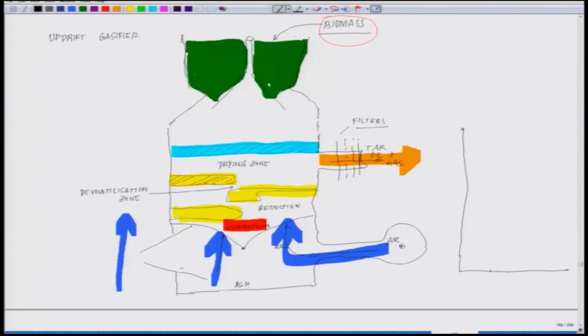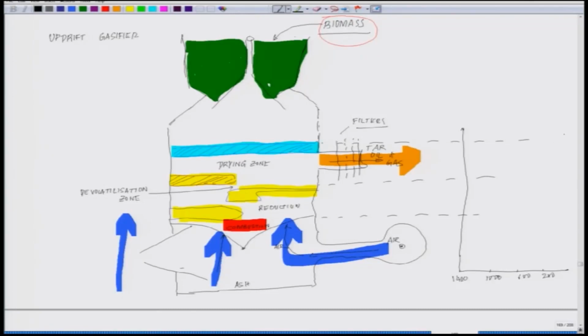So, for example, let me put the temperature on the x axis, starting at 1400 degree centigrade, 1000, 600 or 200. If you follow what the temperature is here, and what it is in this combustion zone, you will see a very typical pattern like this.